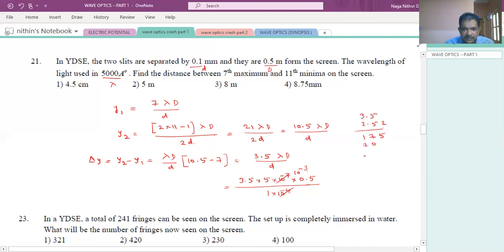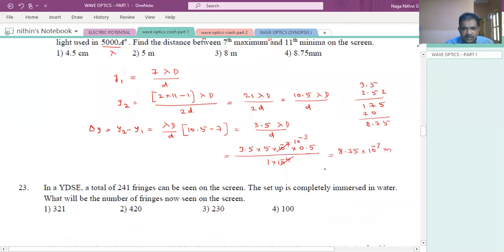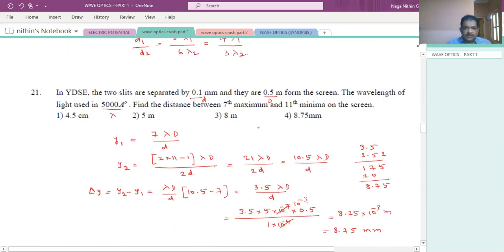So this will be 8.75. 8.75 into 10 power minus 3 meter. So this value is 8.75 millimeter. Okay. So this is the answer for it.